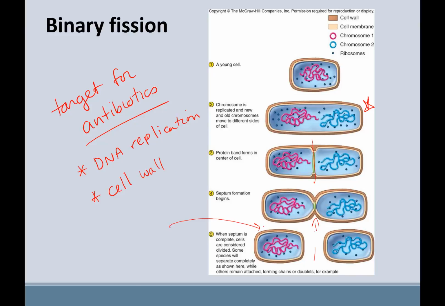So forming this outside coat, which we're going to talk about in a second, is a major target for antibiotics, as well as prokaryotic ribosomes. So remember, for any pathogen, you want to find something that is unique to the pathogen and not in common with the host.